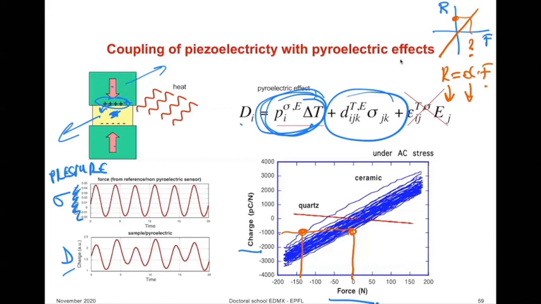Now you will notice here that I'm plotting two curves in a charge versus force relationship. The blue one is PZT. It's a ferroelectric material, which is also piezoelectric. That material has a polarization and therefore has this problem if temperature is changed during the experiment. And here you have in red a quartz. And that's a nice straight line.